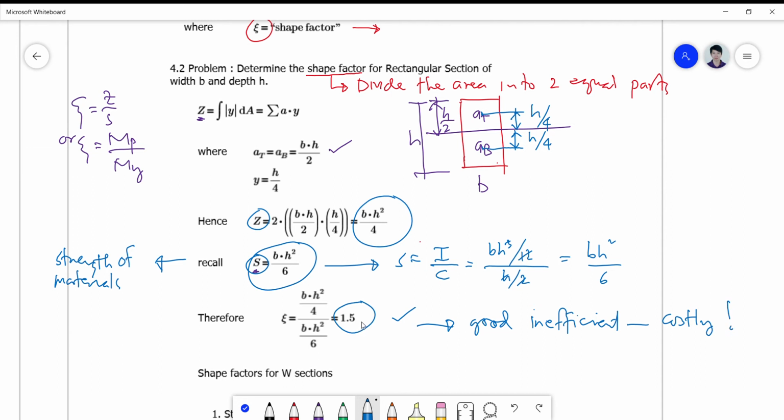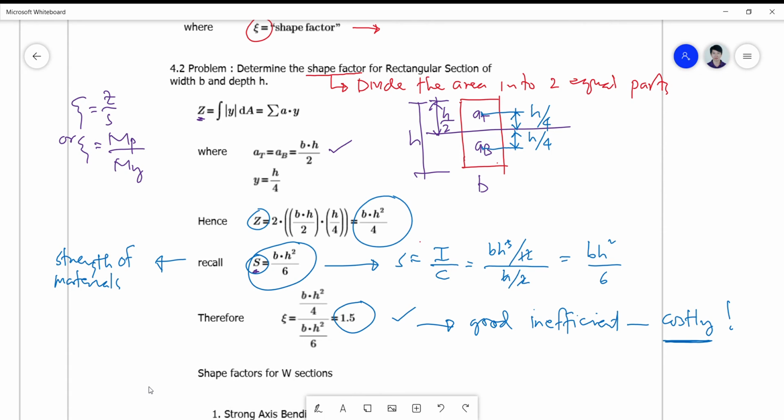It is good, but the inefficiency lies in the fact that if you have a rectangular shape, your moment of inertia can only be limited to a certain degree. If you try to increase the width and the height, you come up with a very expensive section. So although the shape factor is good, a rectangular section is a costly section and therefore inefficient.